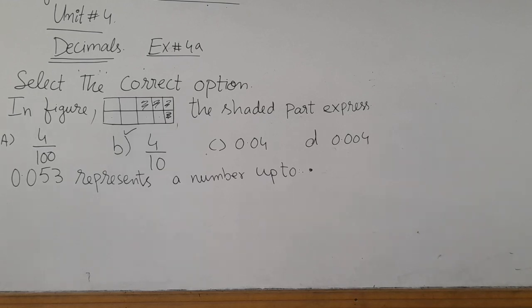It means that you have to tell the decimal places. Okay, how many decimal places after the point? 1, 2 and 3. So this is 3 decimal places.